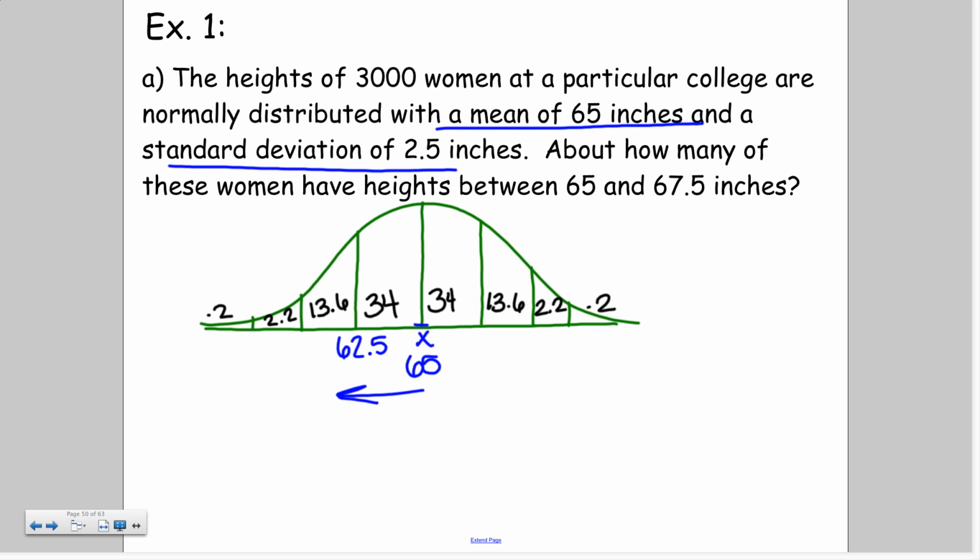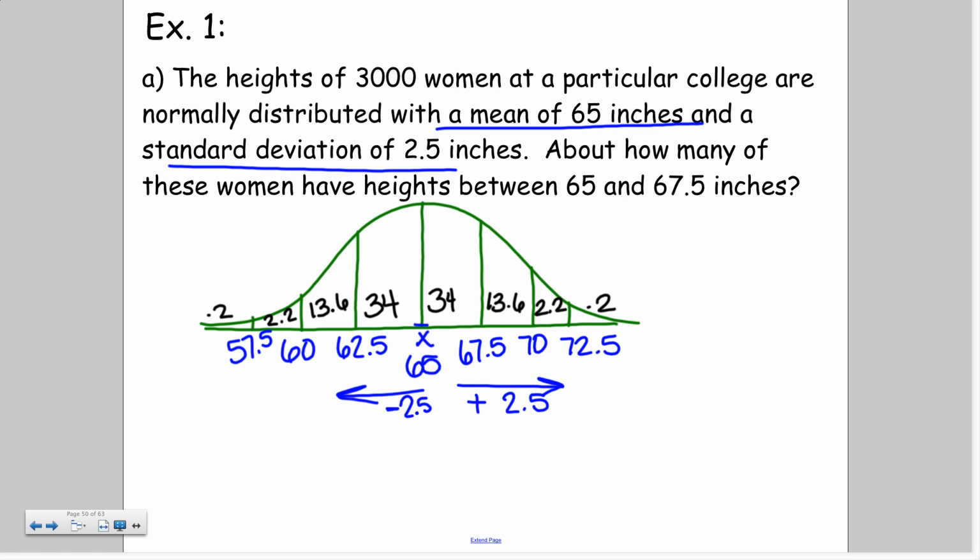So I subtract 2.5 from this one, it's going to be 60. If I subtract 2.5 again, 57.5. So I have that side completed. Now if I'm going to go this way, then I'm going to add the 2.5, okay, every time. So that's going to be 67.5, 70, 72.5, okay? So subtract 2.5 if you're going down, add it if you're going up, okay?